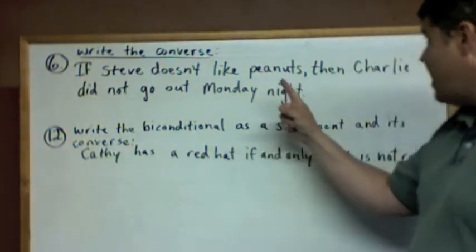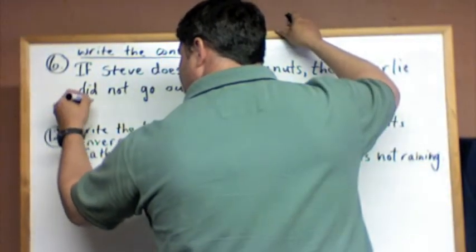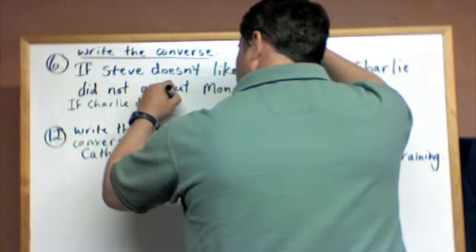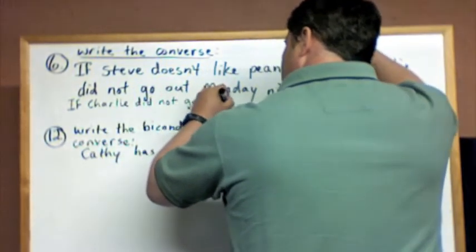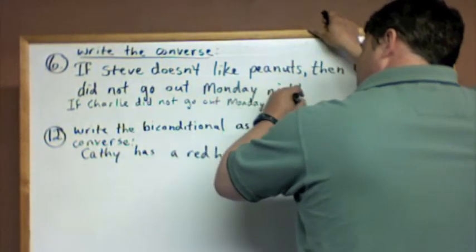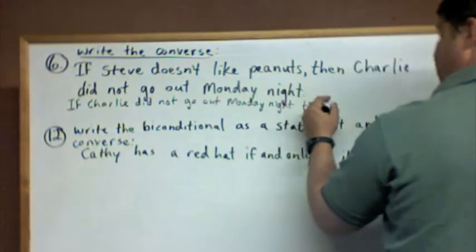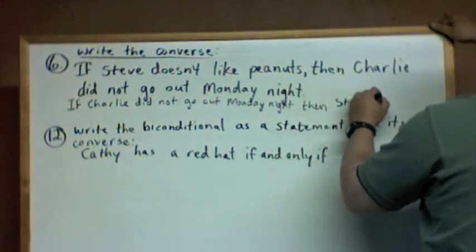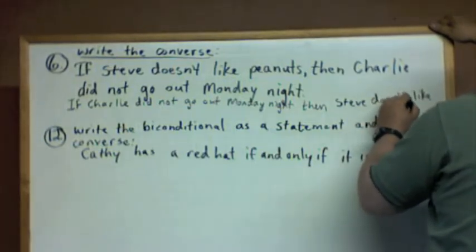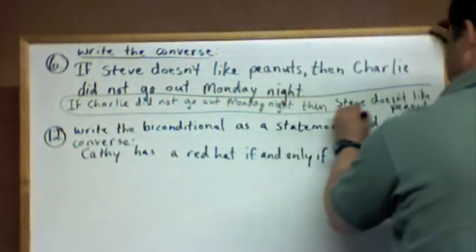So the converse will be, if Charlie did not go out Monday night, then, well, after the then comes the if part in the original, Steve doesn't like peanuts.